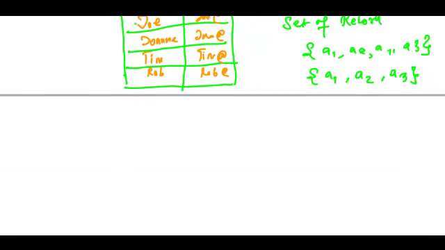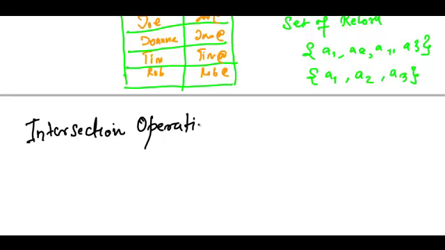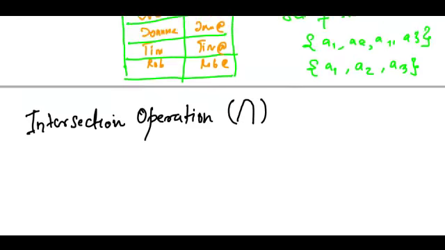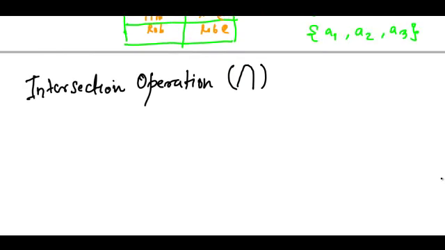Okay, now the next operator is intersection operator. Intersection operator is used to find the rows which are intersecting, which are common between two relations. Intersection operator is represented as this inverted U. Okay, inverted union. You can think it in this manner.